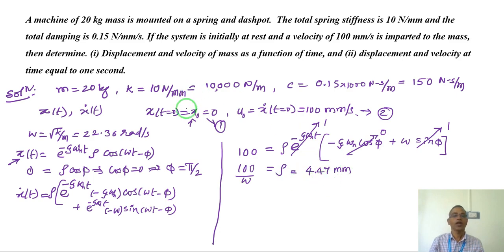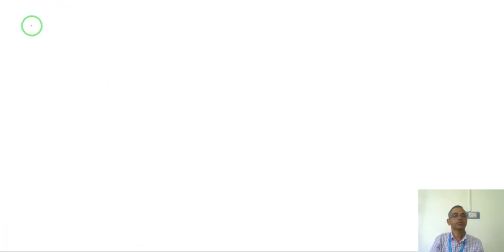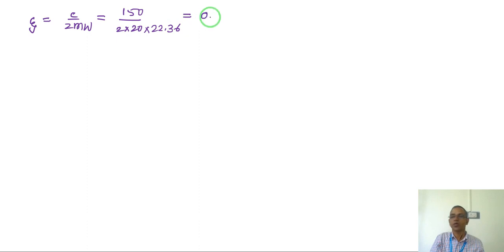So once I found out this rho, I need to find out the damping ratio. So the damping ratio xi is c by 2 m omega, where c is given as 150, by 2 into 20 into omega, 22.36, which is nothing but 0.167.